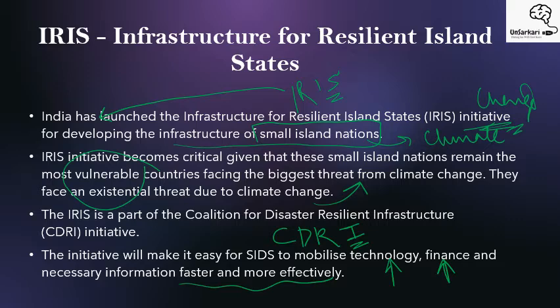So this small island development initiative which we are talking about is very important. Small island countries like Maldives. It is also a kind of diplomatic gesture from the Indian side, a part of their foreign policy initiative in another way.